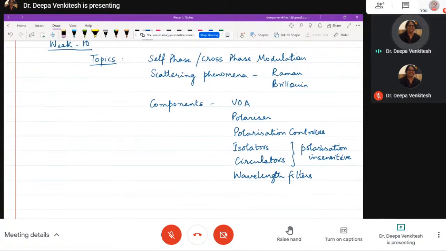Then, along with wavelength filters, we discussed one of the most commonly used devices these days, which is arrayed waveguide grating. And then this device called wavelength selective switch, WSS, which is based on a semiconductor, which is based on SLM, spatial light modulator, and so on.